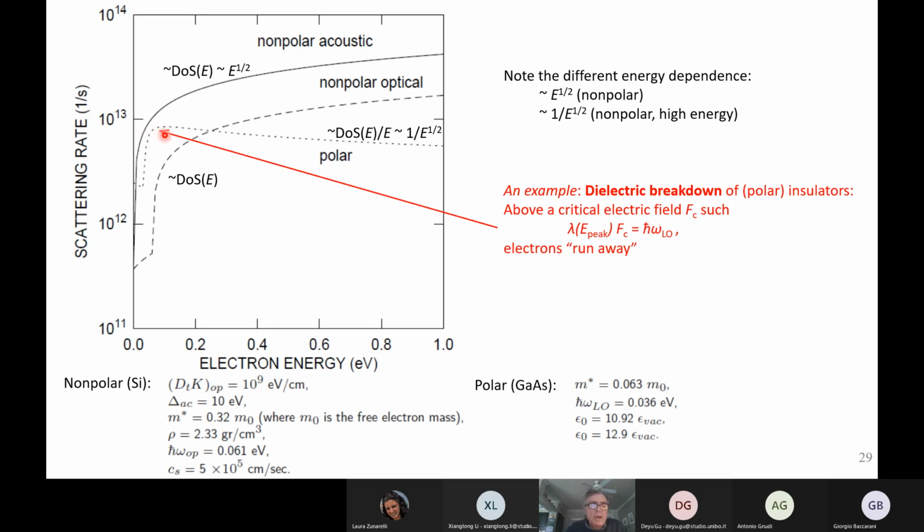They're all dielectrics. And the reason is, in those materials, the nonpolar interaction is not very strong, so we can ignore it. It comes down by an order of magnitude. The main process that controls electronic transport at high field is the polar interaction, the Fröhlich scattering.